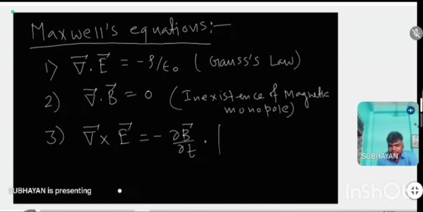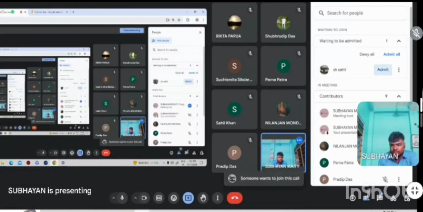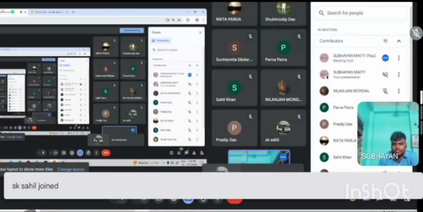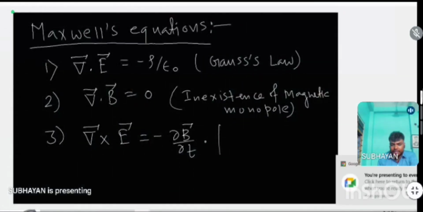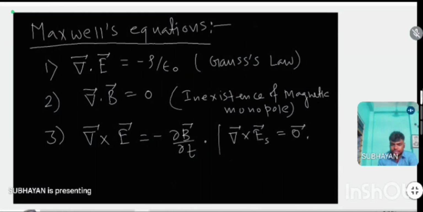Now, for comparison, for the electrostatic case, the equation was curl of Es equals 0. The electrostatic field was a conservative field, but in general the electric field is not conservative. So that's why you have a non-zero term, which is the time derivative of the magnetic field.